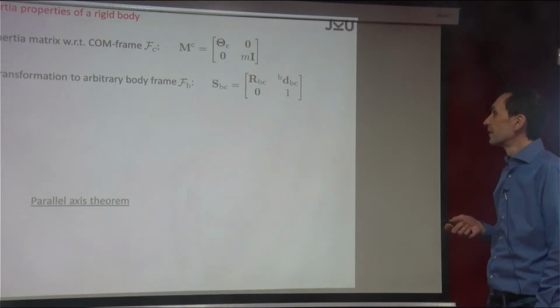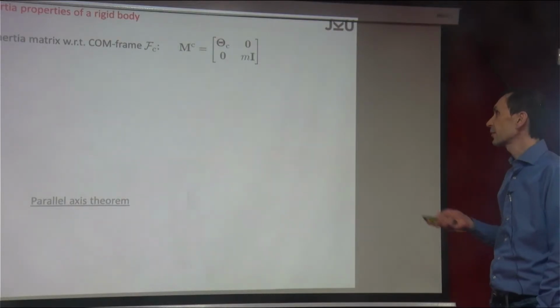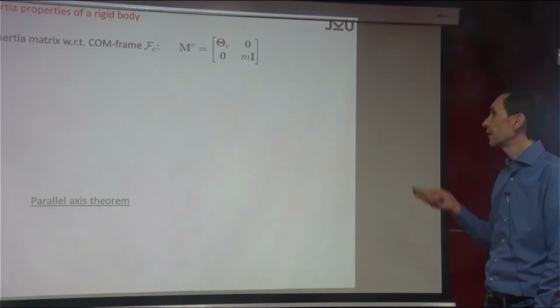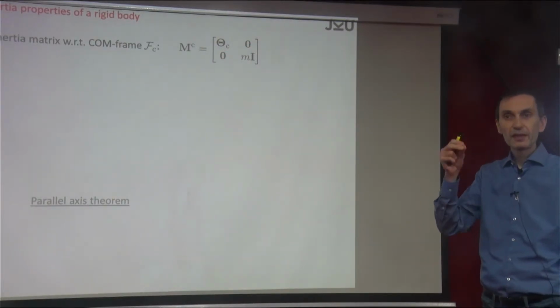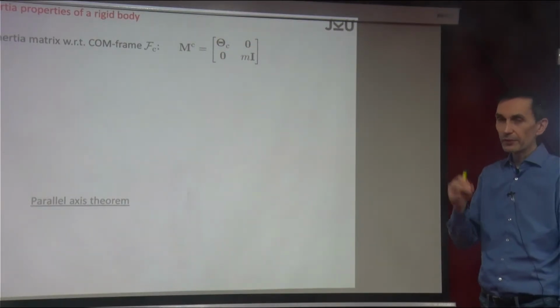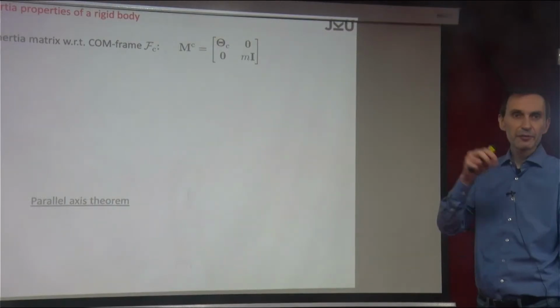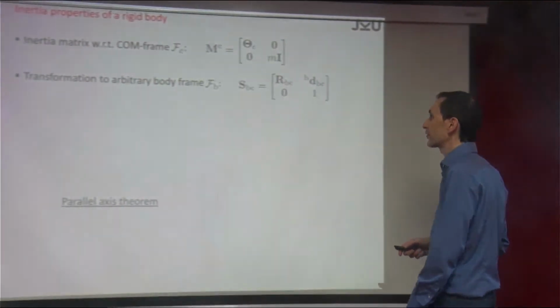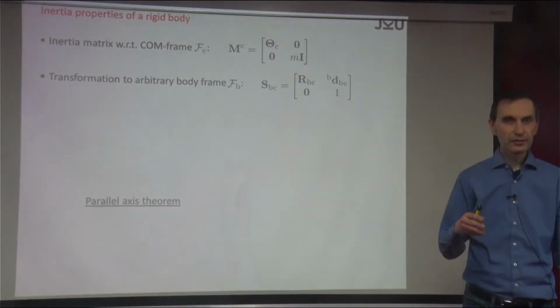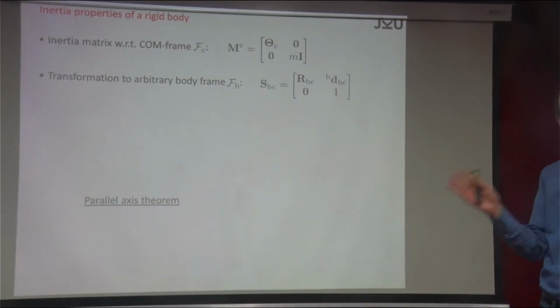So I was saying this is correct. The zeros are correct if you're sitting in the center of mass. Only if your reference frame is in the center of mass, then this is correct. Otherwise, it's not. Otherwise, you can transform to a different frame, and you know everything.